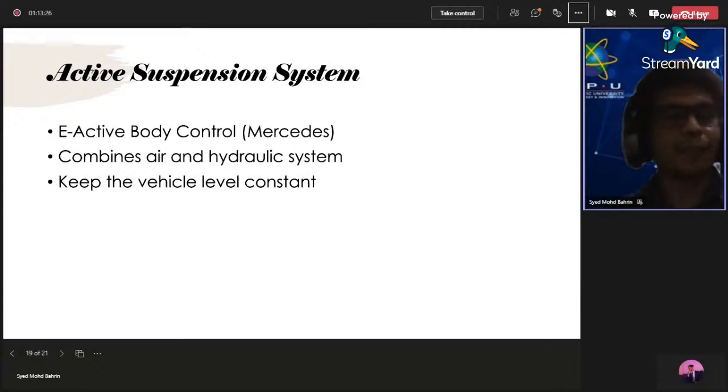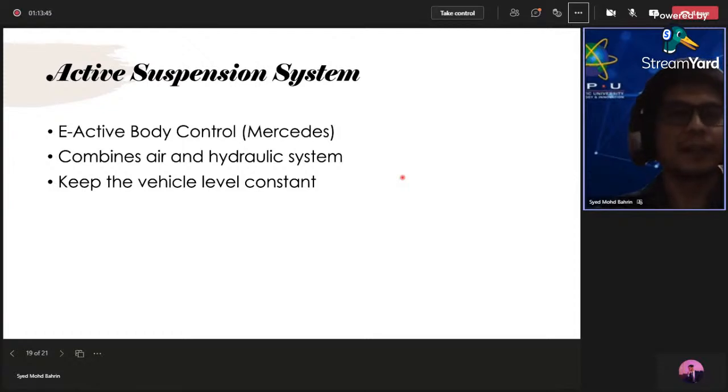For E-active body control, the reason I say it's very interesting is because it works the same way as the active body control, but on top of that, they provide a control panel on a dashboard where you can control the suspension to move up and down at any time that you want.